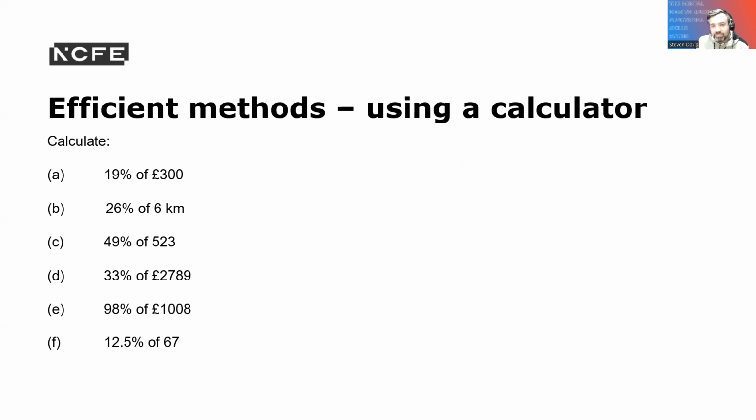So let's look at an effective method for using a calculator. Calculate 19% of 300. So 0.19 times 300, 57. 0.26 times 6, 1.56 kilometers.